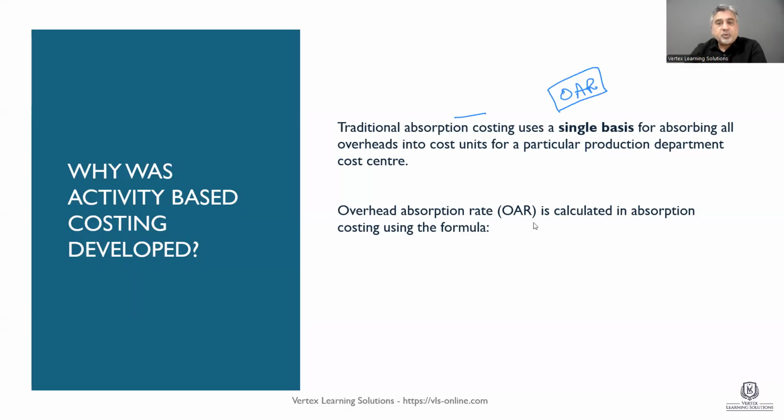OAR is calculated in absorption costing using the formula: budgeted production overheads divided by budgeted level of activity. So you had some production overheads, those were fixed production overheads, and you have to add them into your cost of production.